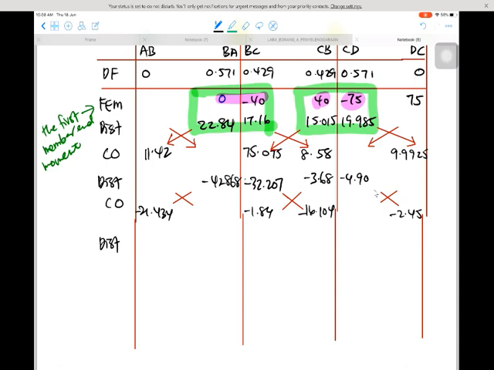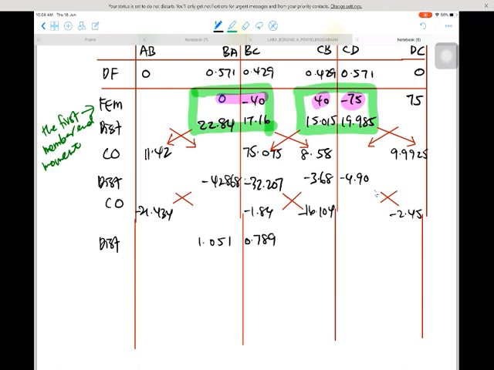So now it is 1.84 times 0.571. It is 1.051. 1.84 minus 1.051, it is 0.789.